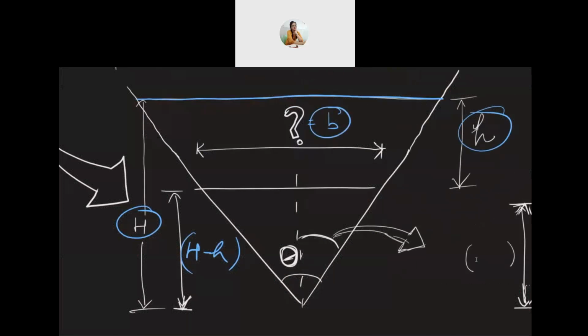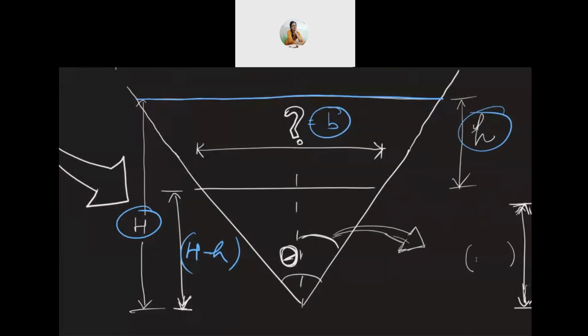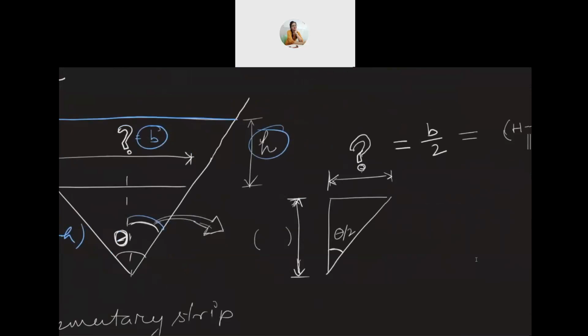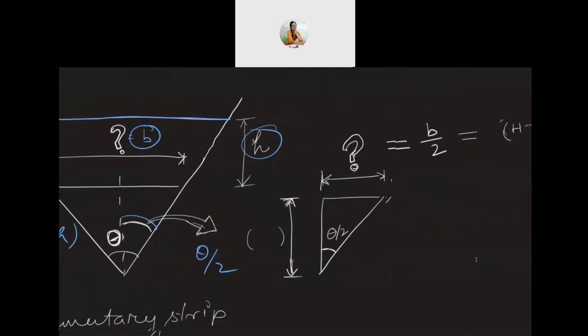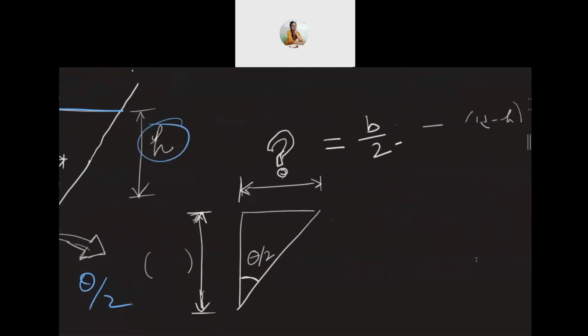So we're going to divide this into two halves, and half of the angle will be theta by 2. And so we are taking this half of this triangle here. Now this dimension is b by 2.